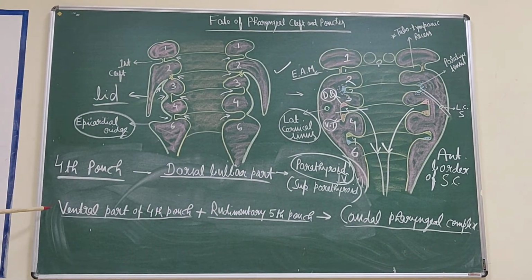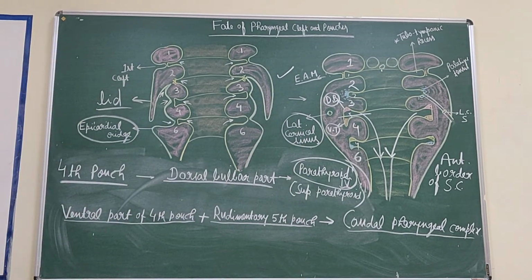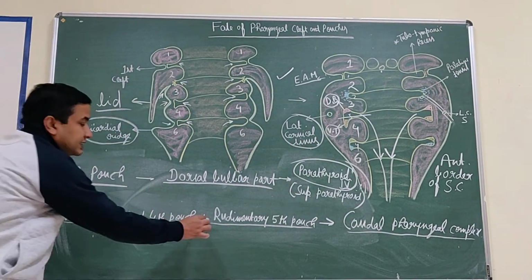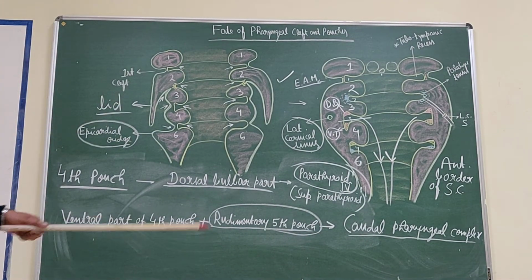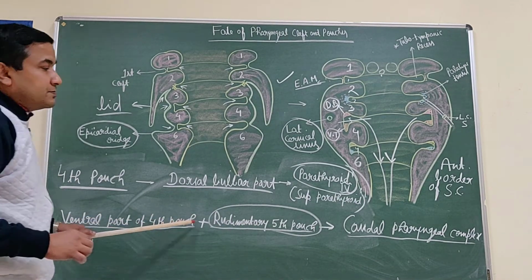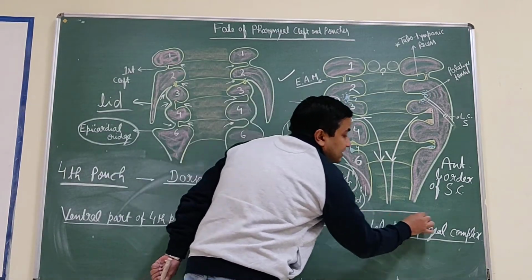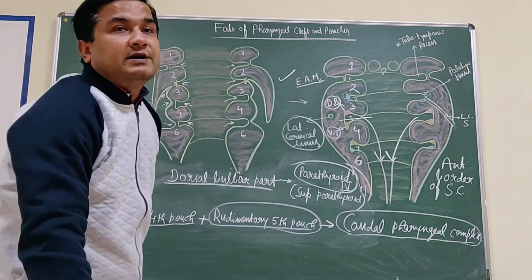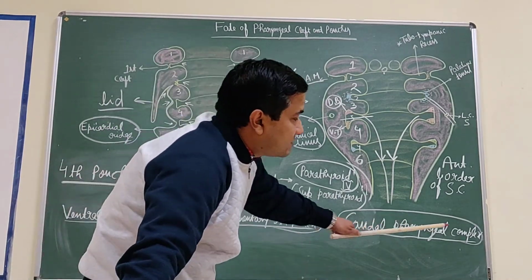Now the ventral part of the fourth pouch, along with a sometimes present rudimentary fifth pouch, forms a complex structure that is known as the caudal pharyngeal complex.